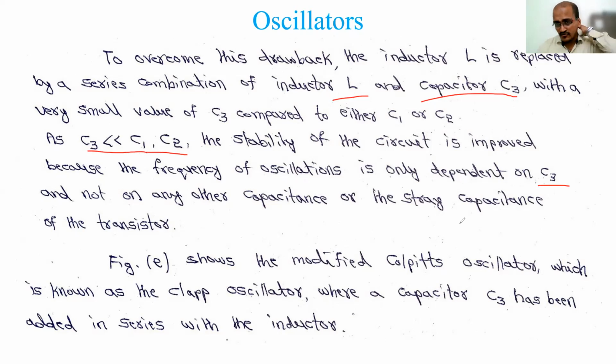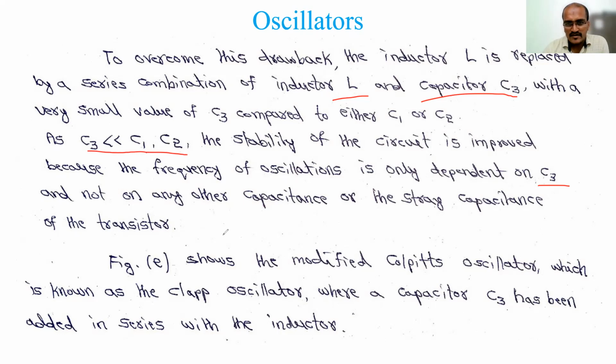In series, you know, 1 by C1, 1 by C2, like that we take the equivalent value. So any stray capacitances in the transistor get nullified with this small C3 capacitance. To reflect that, C3 is placed over there.